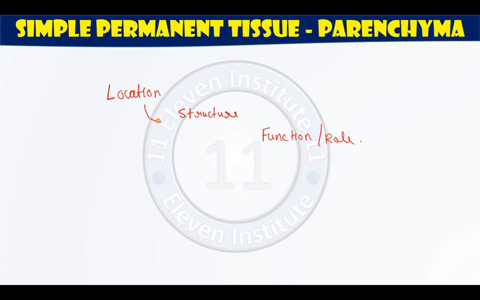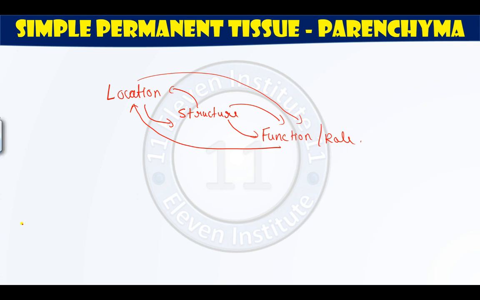Now these three are interrelated to each other, right? Why are they interrelated? Based upon the location at a particular place in the plant, they might have different structures because different locations will have different requirements. And based upon the difference in their structures, they would have some specific role or function. So these three aspects are quite interrelated to each other.